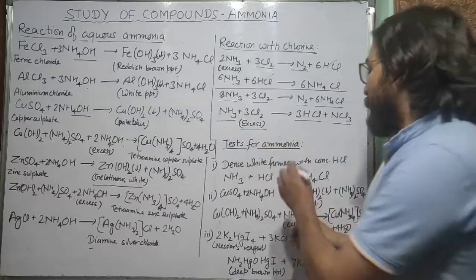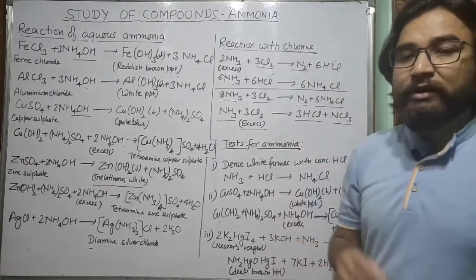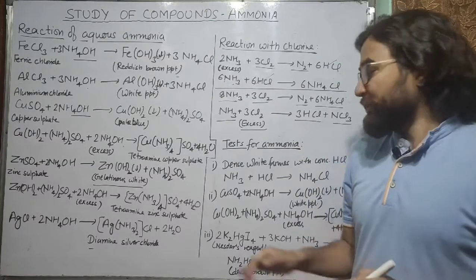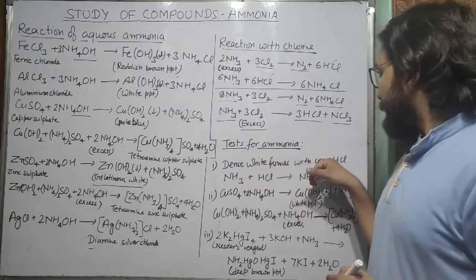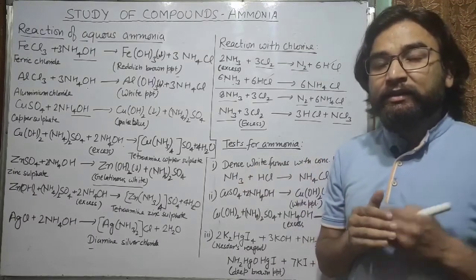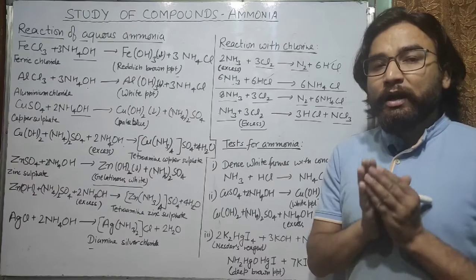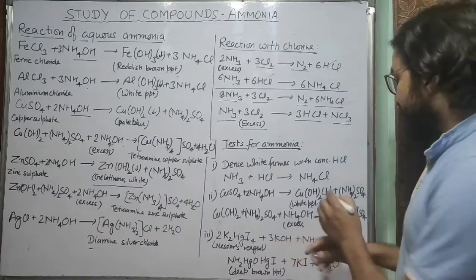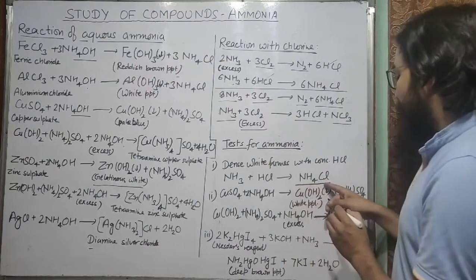The next topic is tests for ammonia. We can do three different tests for ammonia. The first test is by using concentrated hydrochloric acid. Ammonia reacts with concentrated hydrochloric acid, forming dense white fumes of ammonium chloride.